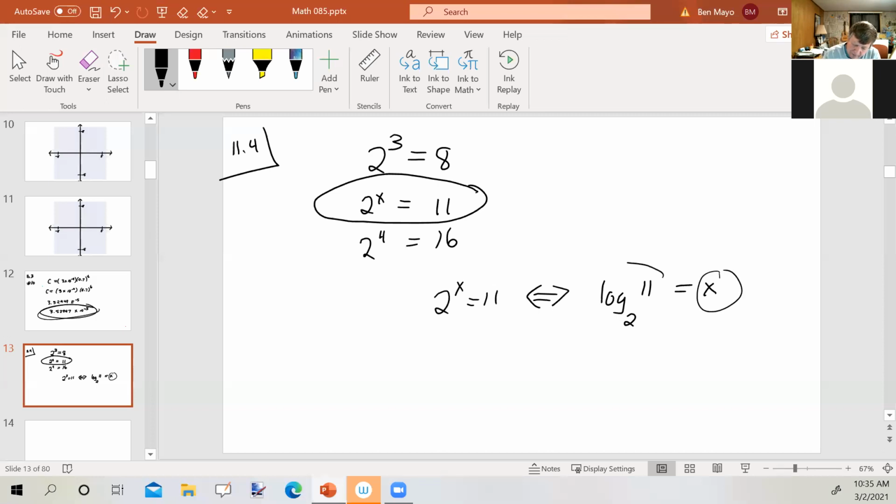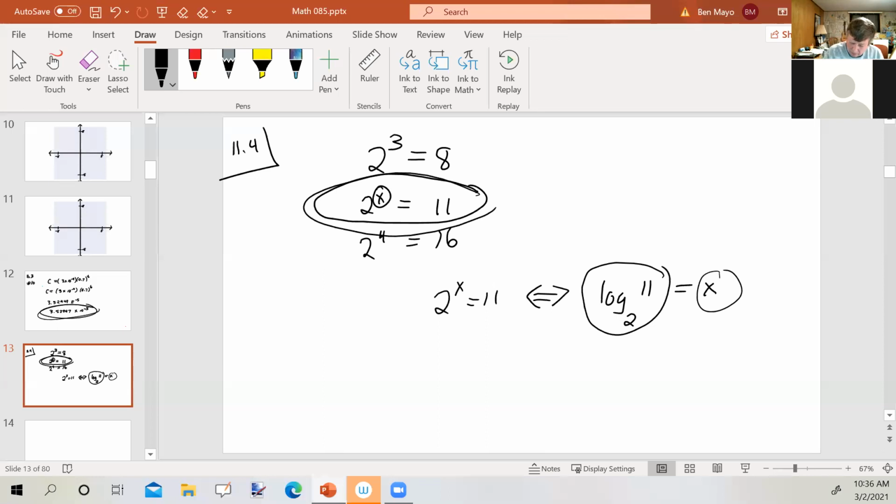So if I can figure out what log base 2 of 11 is, I can solve for x, okay? Later on, we're going to come back and finish this problem, but we don't have the tools, and won't have them for a day or so yet, to solve it. But I just wanted to give you a scenario of a case where we want to know what the exponent is, and it's a variable.